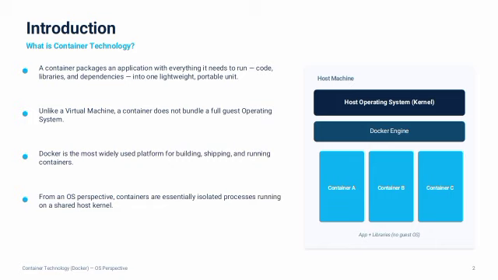As you can see in this diagram, all containers on a host sit on top of the same host OS kernel and the Docker engine. There is no separate OS inside each container, just the app and its libraries. From the operating system point of view, a container is really just an isolated process.